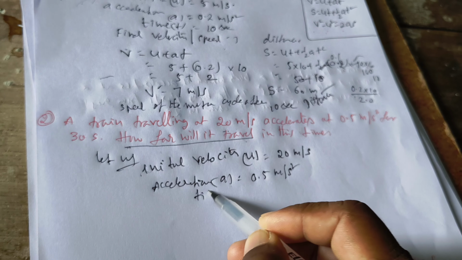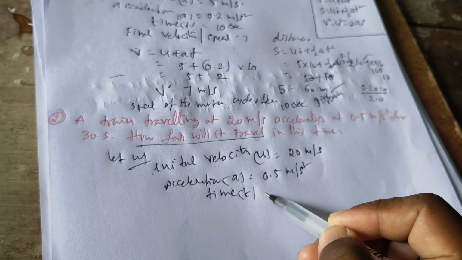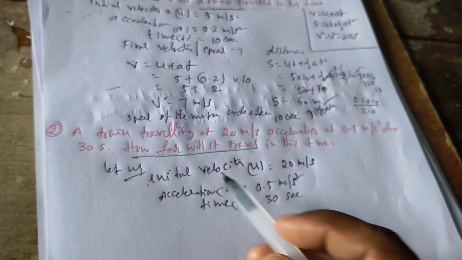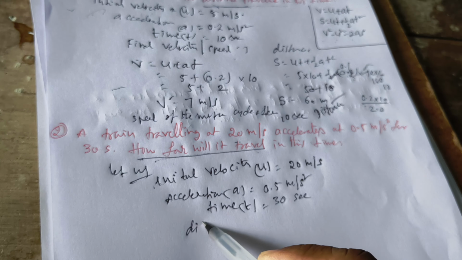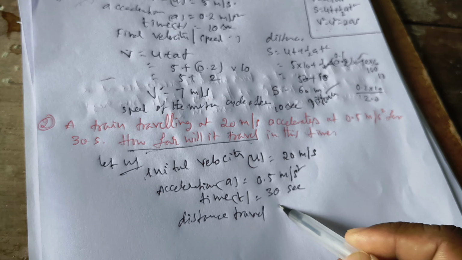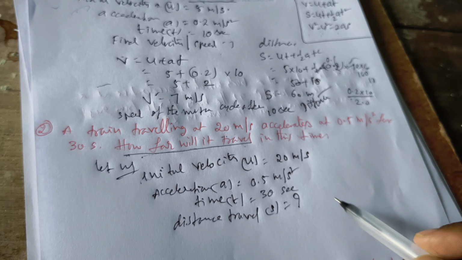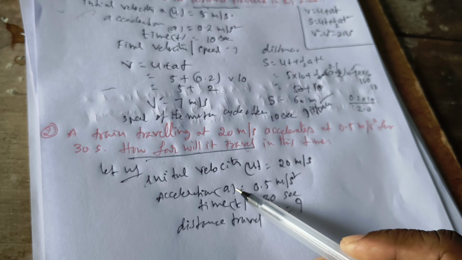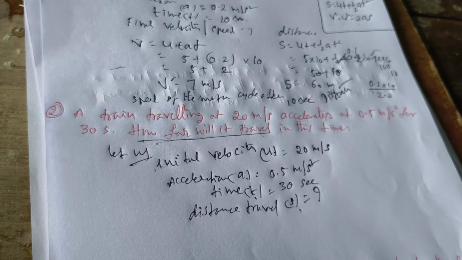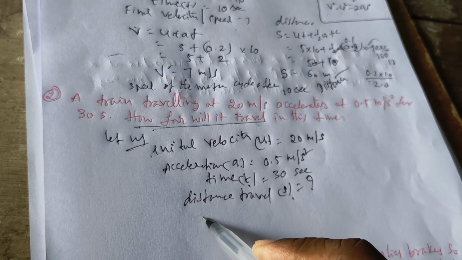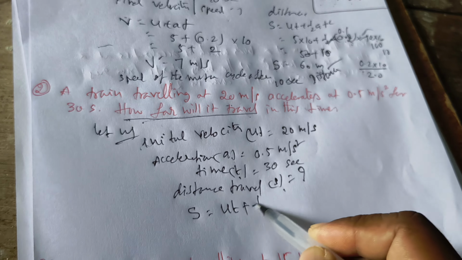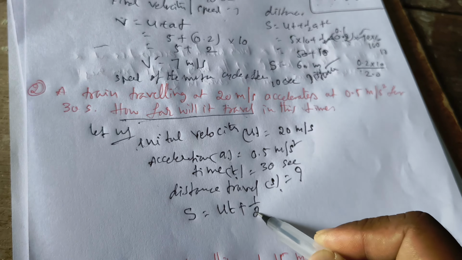Time t is equal to 30 seconds. What we need to find out is the distance traveled. Given initial velocity, acceleration, time and displacement, which formula do we need to use? The second one: s is equal to ut plus half at square.